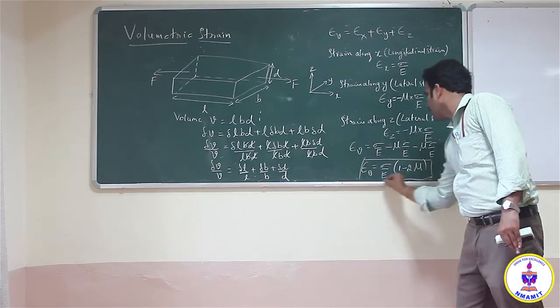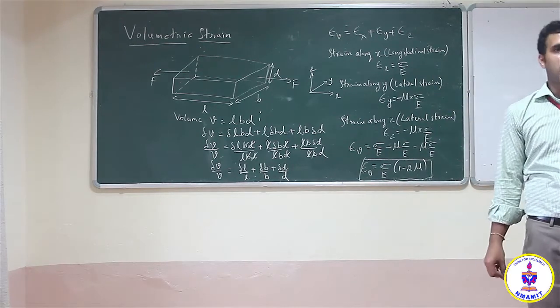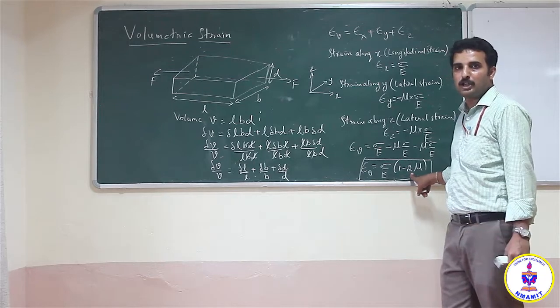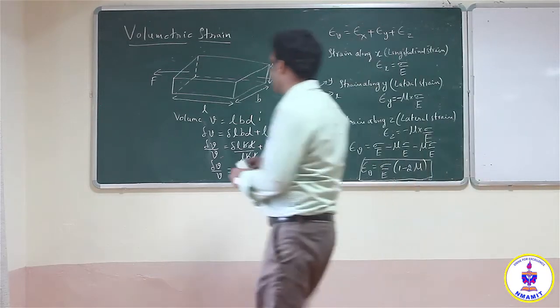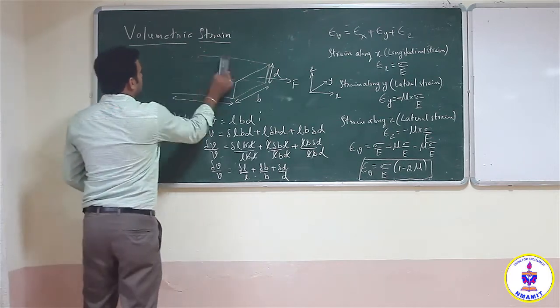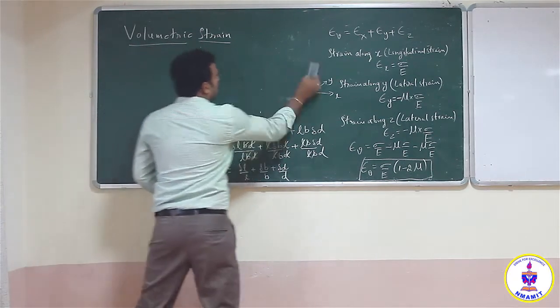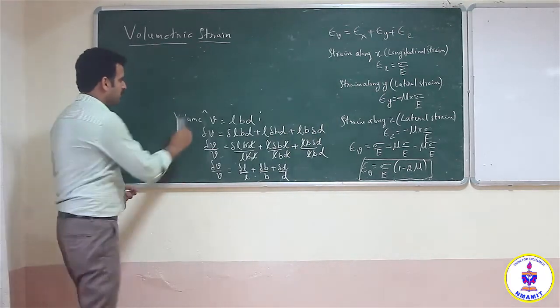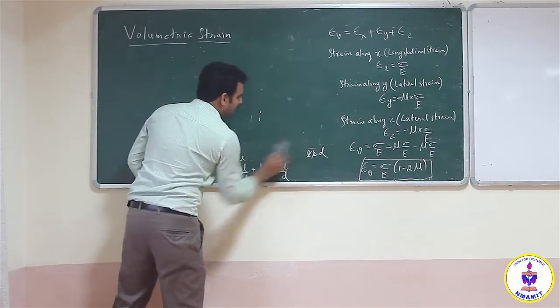This is the expression for volumetric strain in terms of longitudinal strain as well as Poisson's ratio. So this is the expression for volumetric strain of a rectangular bar. Similarly, we will see what the variation in dimensions will be when we consider a cylindrical bar.